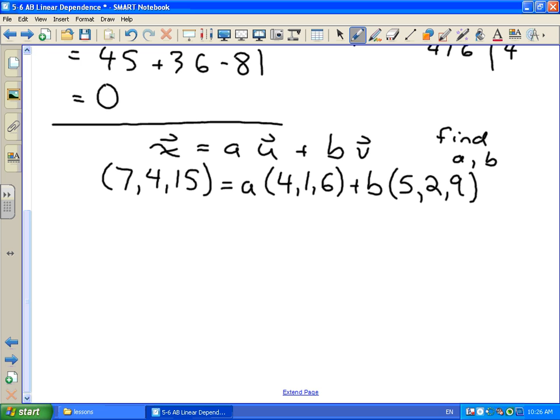The key to solving this kind of question is we can treat our x, y, and z components separately.